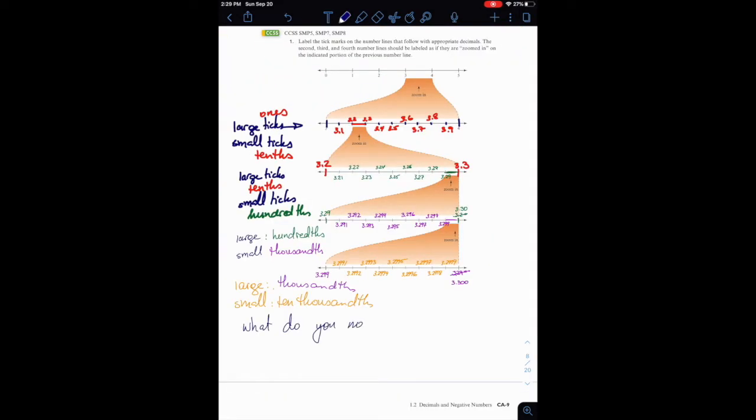What do you notice is the difference between large and small tick marks? And is that meaningful? Is that helpful?